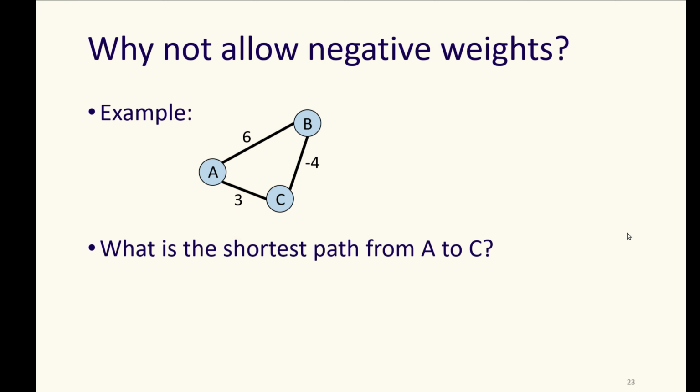One quick divergence here. Why wouldn't we allow negative weights? Well, it's hard to say what the shortest path is from A to C in this example here. Is the shortest path to go 3 and get straight there, or is the shortest path to go a longer distance of 6, but then somehow lose some distance you've traveled and knock it back down to 2?